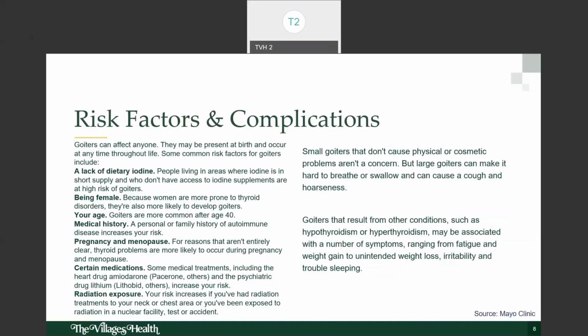So if it's affiliated with some other conditions, you may have other symptoms like we discussed here, or even more than this. But if it's just a goiter and all of your other levels are fine, no other conditions, you may not have any symptoms at all or any other complications. So they're just going to monitor.